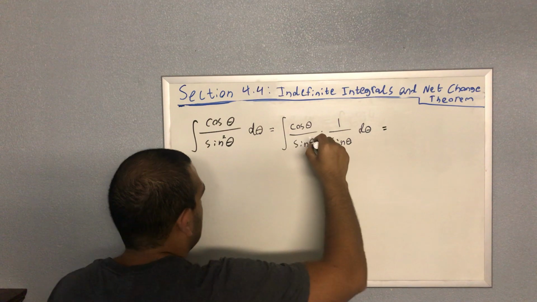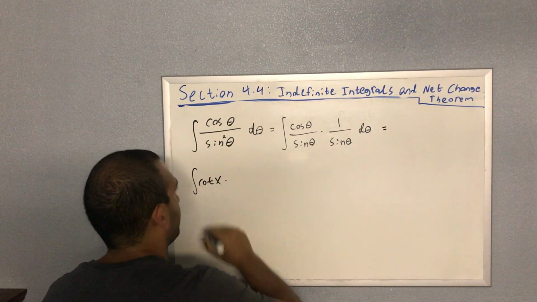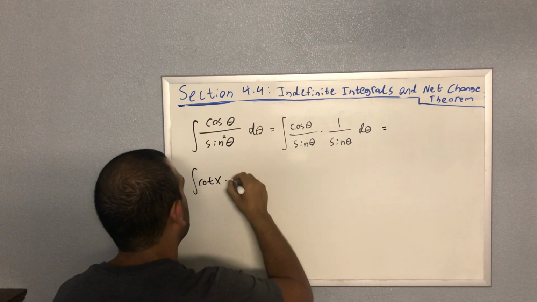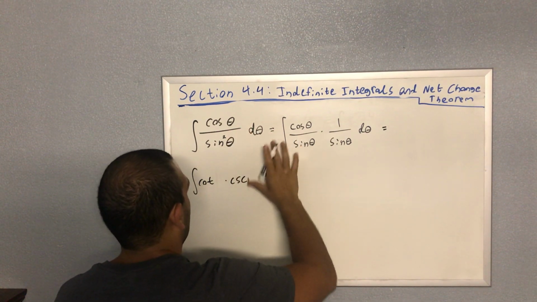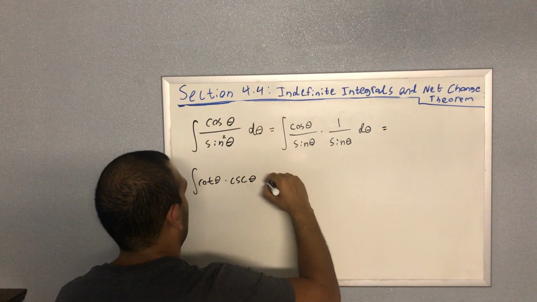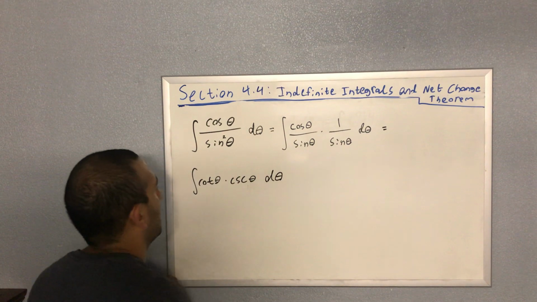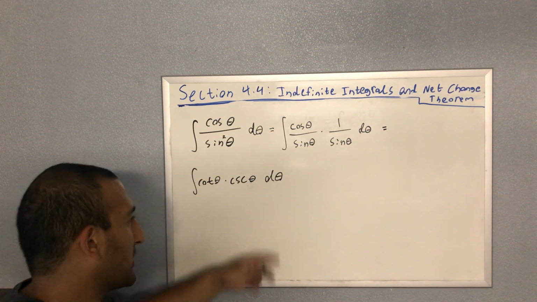So cosine over sine is cotangent, and 1 over sine is cosecant. Oh sorry, I wrote x. So now we have cosecant, cotangent, or cotangent, cosecant.